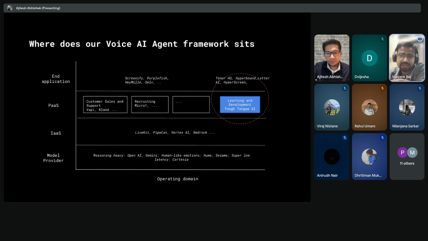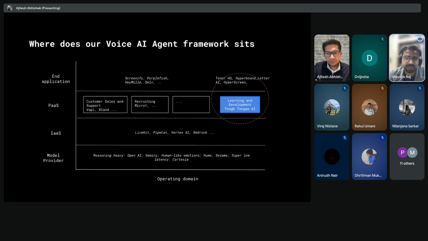And then when we go a little above, there are certain services available in the market which give you different versions of low-code to high-code solutions. You can call them the platform layer. Some top players are VAPI, or there is some other one as well. But these are on a spectrum.